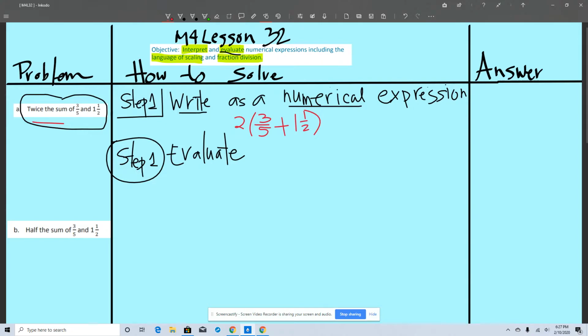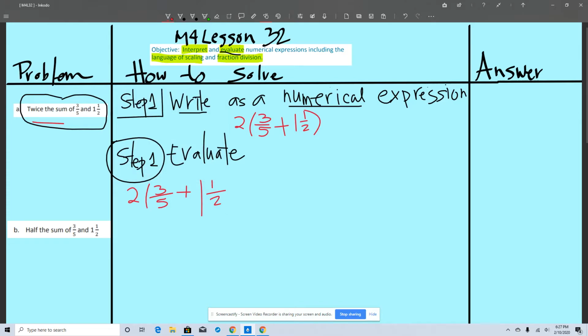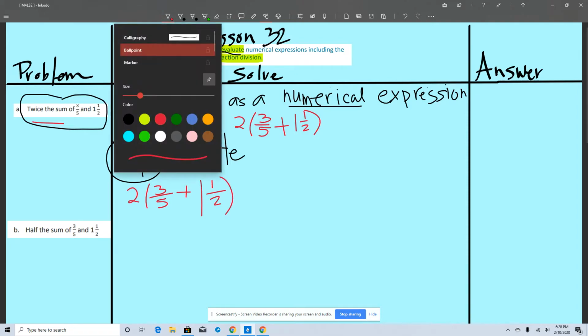Now we're going to evaluate this expression. So we're just going to follow what it says. And remember that we always have to do the parentheses first. And as you can see, the parentheses has fractions, and the fractions have what we call opposite.